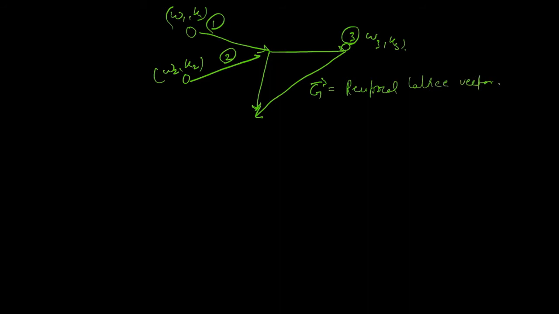So now the particle is going to go in the back direction. Since the momentum has been transferred back, this third phonon has omega 3 k3, but now k3 plus G equals k1 plus k2, and omega 3 is equal to omega 1 plus omega 2.